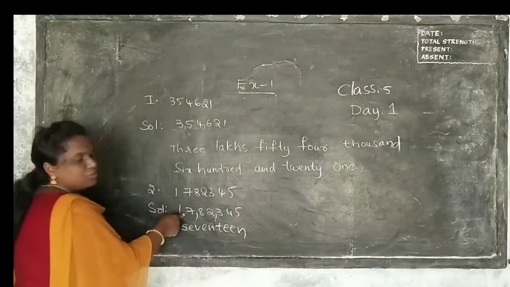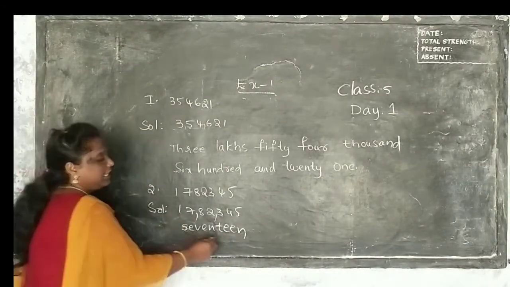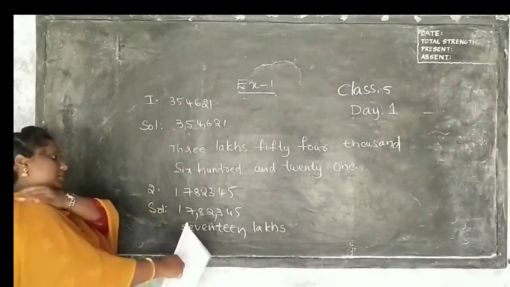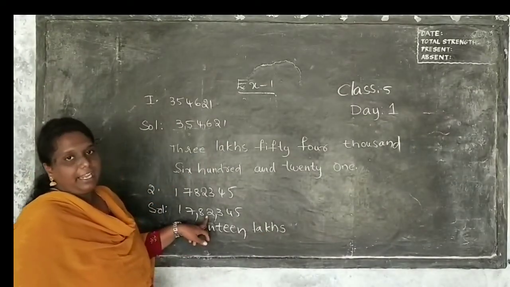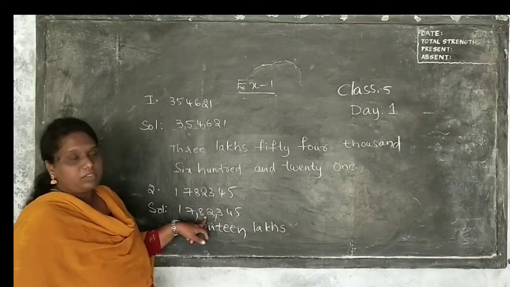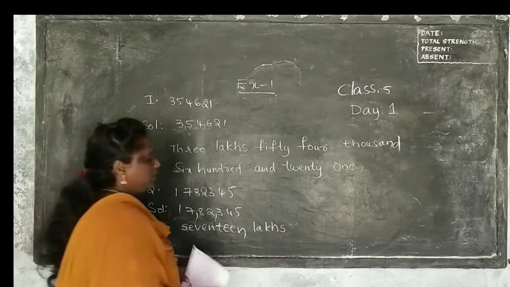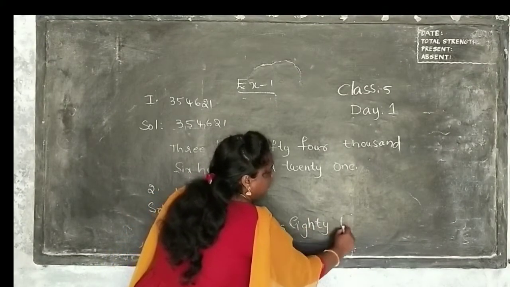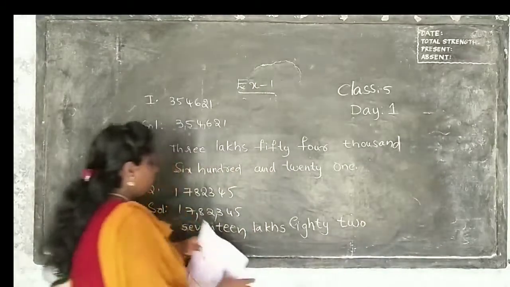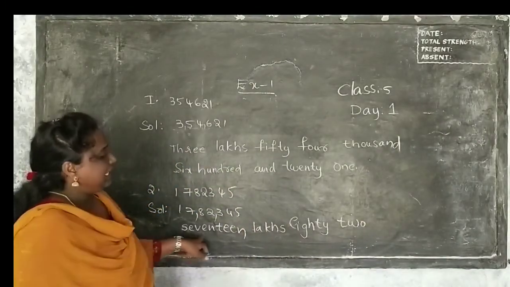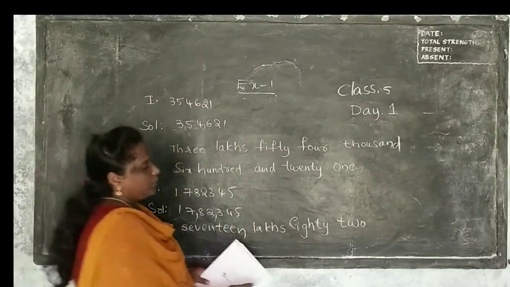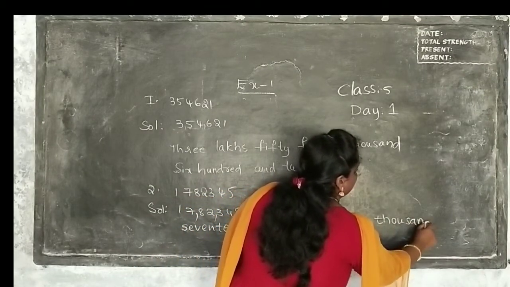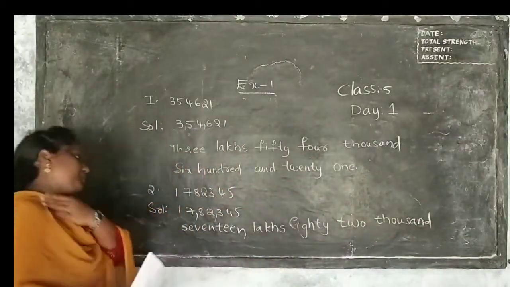17 lakhs. It belongs to which period, beta? Lakhs period. So 17 lakhs. Next, in the next period which number is there? 82. It is in which period? Thousands. 82,000. So 82, you know the spelling? 17 lakhs 82 thousand.